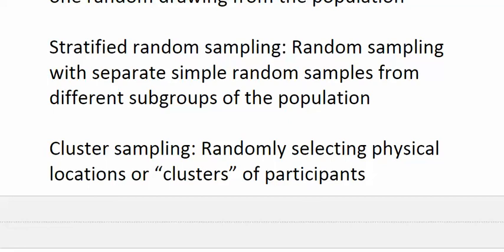That can be done by a researcher if the clusters are too big to take everyone from every cluster. Now, if the clusters were, let's say, classrooms, the researcher could probably just take everyone from each selected class and take the clusters in their entirety.